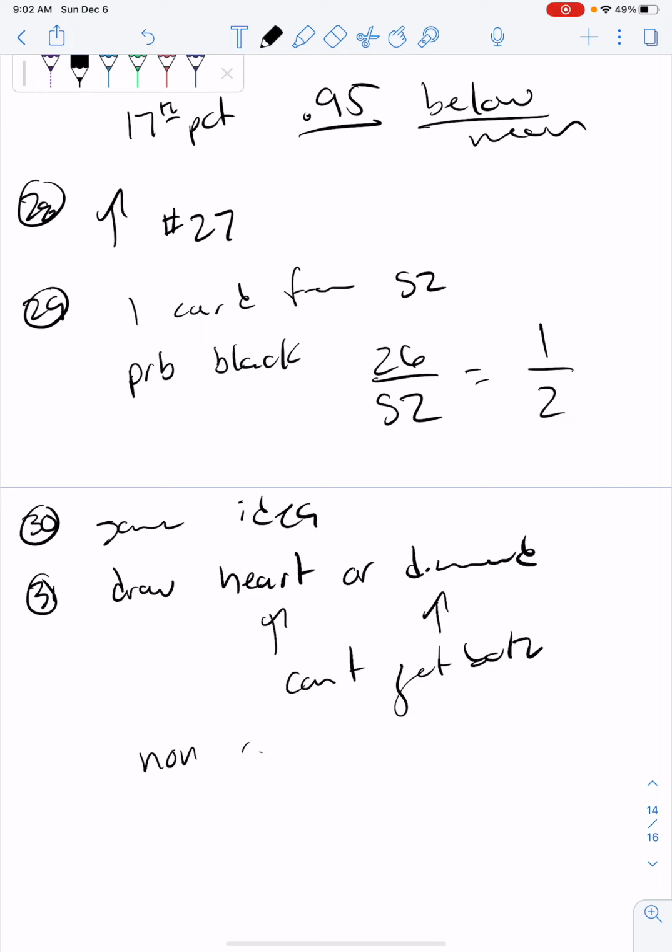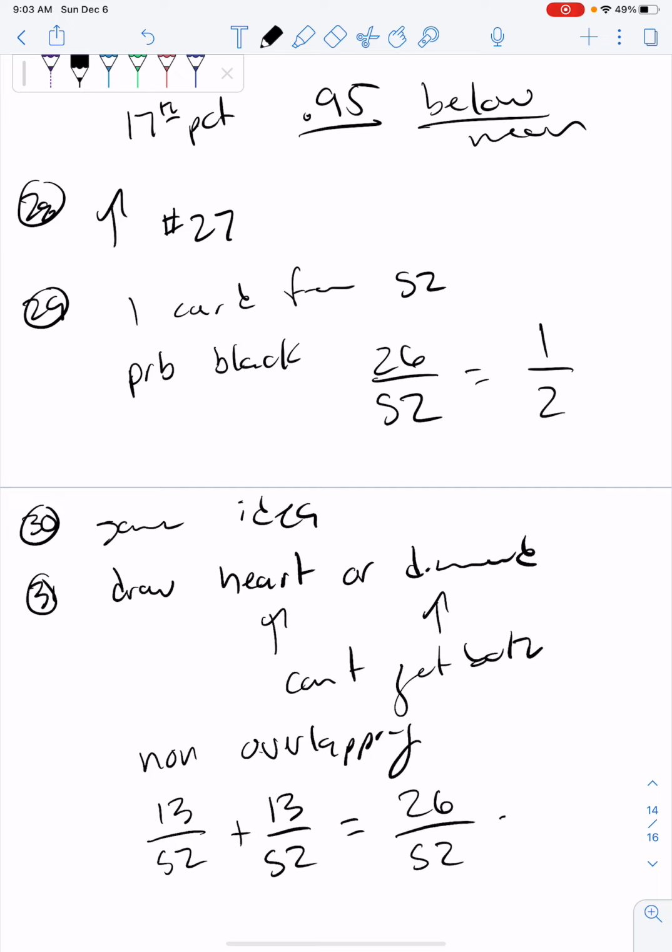So these are non-overlapping events. They do not overlap. And then it wants the probability of this happening. Well, there are 13 hearts in a deck, and there are 13 diamonds in a deck. So when I add that together, I get 26 out of 52 cards, which is, again, 1/2. That matches what we had before.